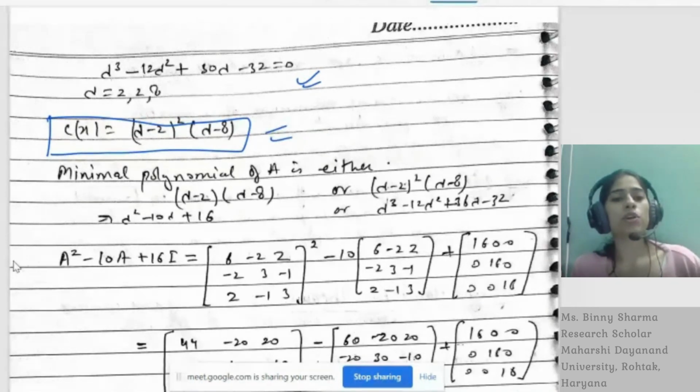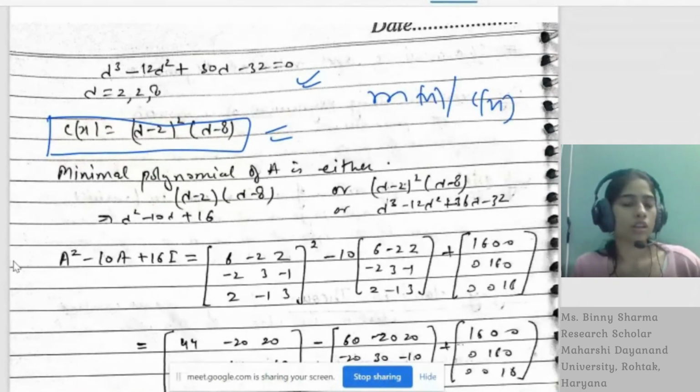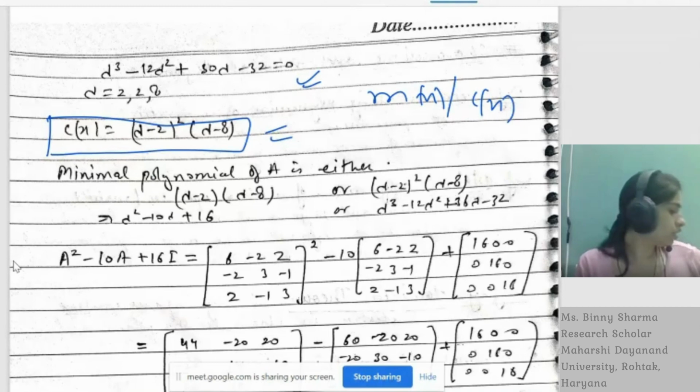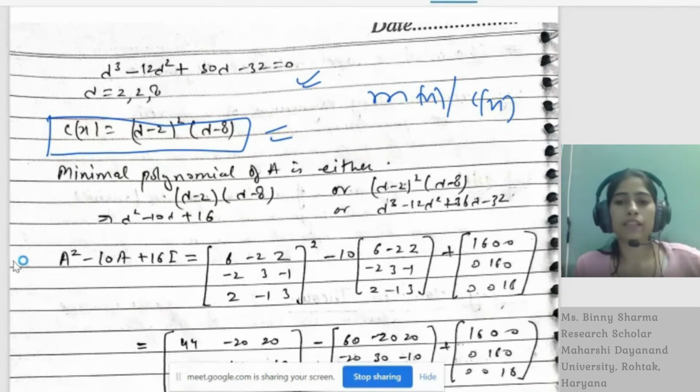Now the minimal polynomial m(x) always divides C(x). So the possibility of the minimal polynomial of A is either lambda minus 2 or lambda minus 8.